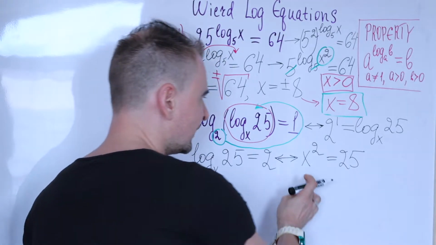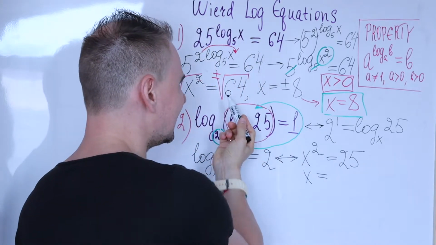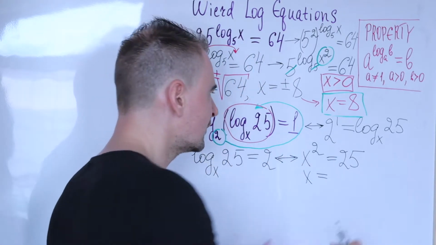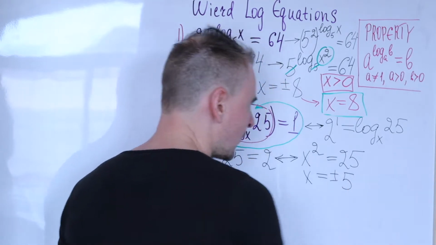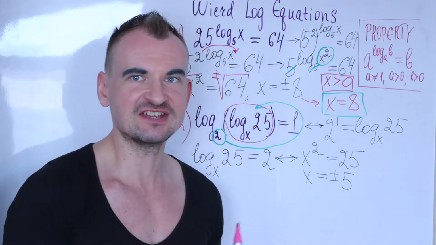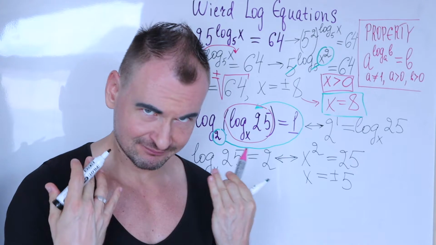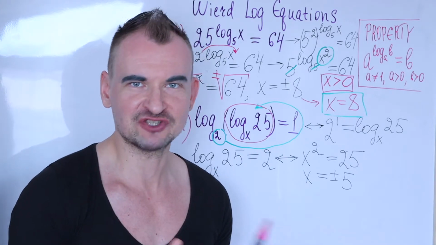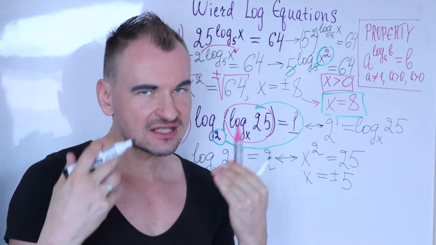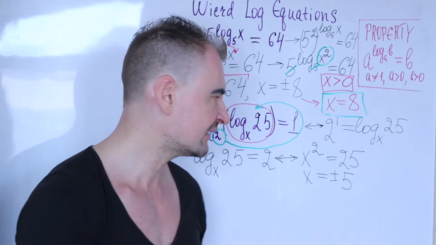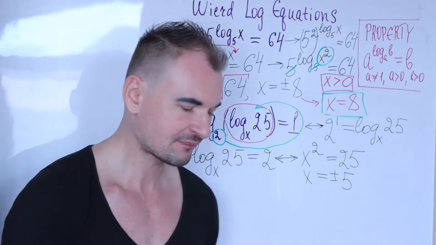So you get your x, similarly to what we did before. It becomes positive and negative 5, since 25 is a perfect square and the principal root of 25 is just 5, since 5 times 5 gives you back 25. So you would be left with plus and minus 5.